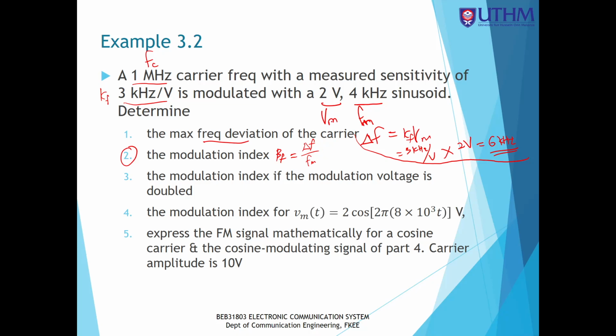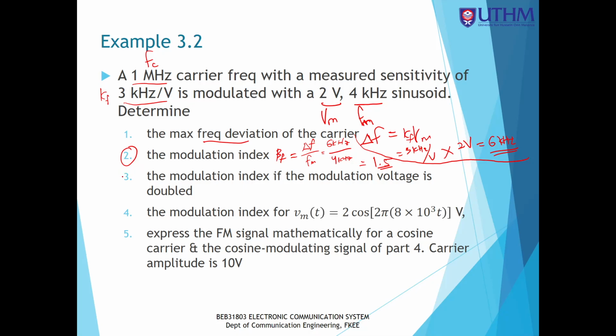This is 6 kilohertz divided by 4 kilohertz, so you get 1.5. Sorry, 1.5, no unit. Beta f has no unit.